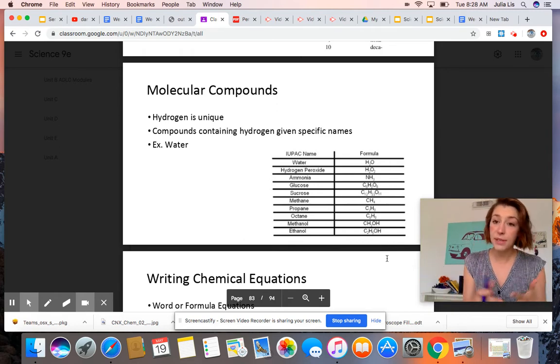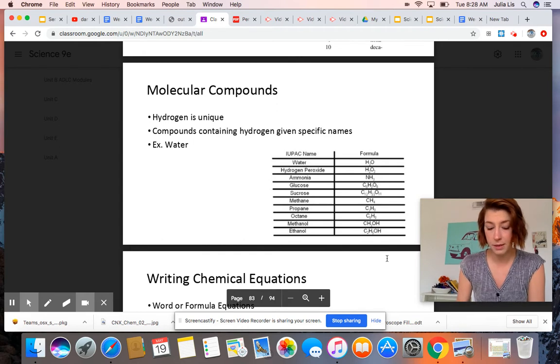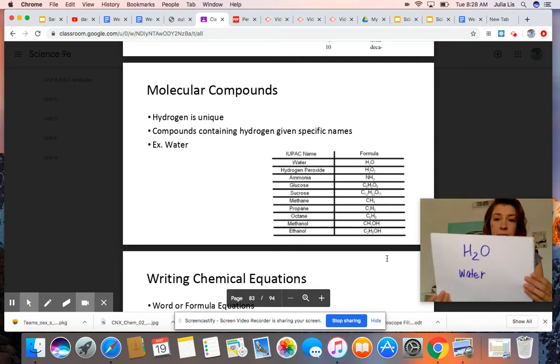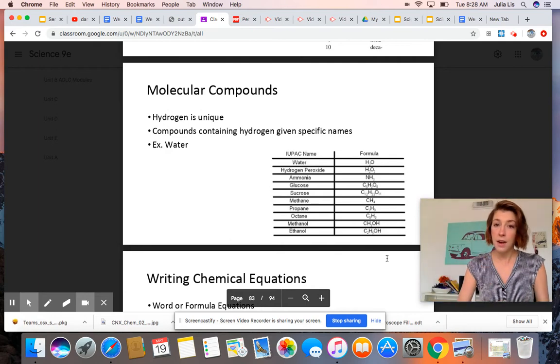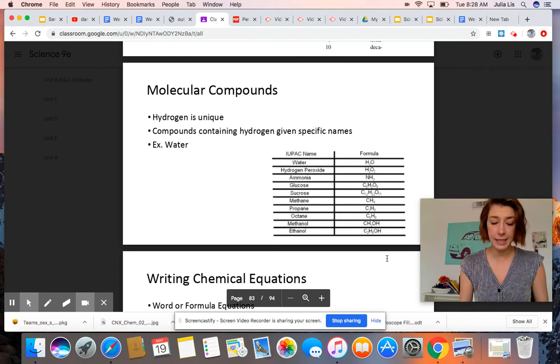And so chemists have come together and given these unique molecular compounds that contain hydrogen special names. And so the scientific name for H2O is water. Okay, and we call it water in chemistry. That's its name.